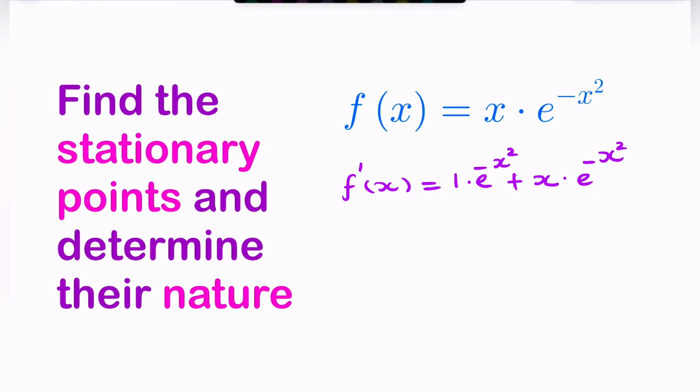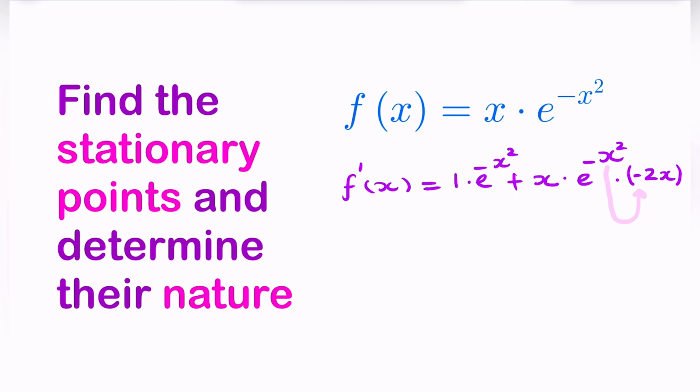The derivative of an exponential is unchanged, but because we have minus x squared rather than x, we apply the chain rule and multiply by the derivative of the power, and that gives you minus 2x.